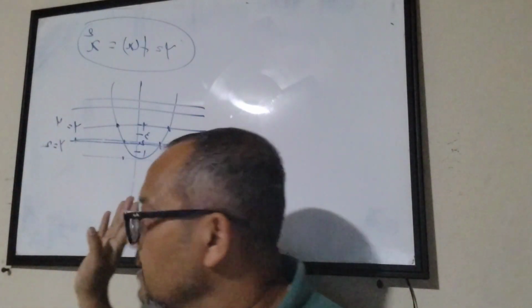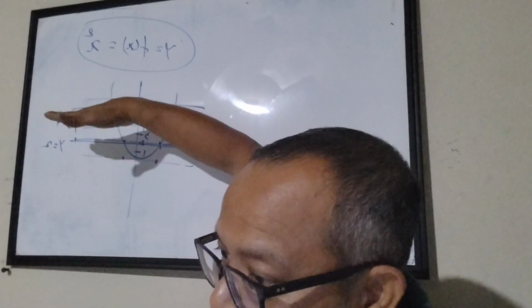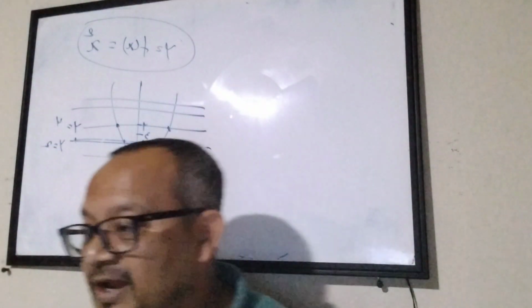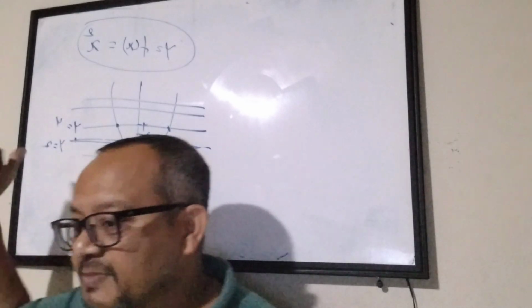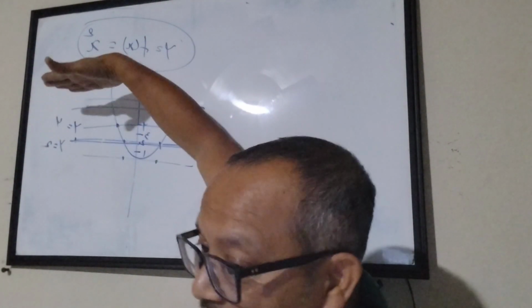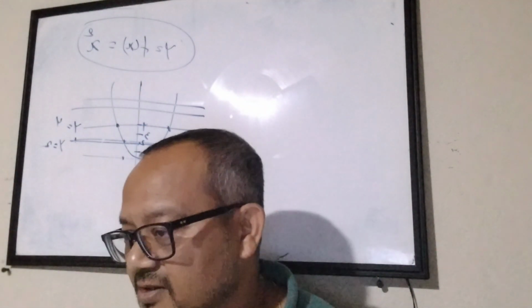When the horizontal line cuts the curve at two places, you failed the horizontal line test with respect to this function. Whenever a function fails the horizontal line test, that is when you will say that it is non-inversible.